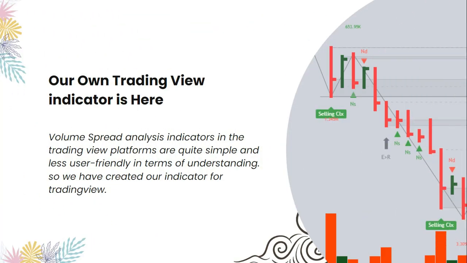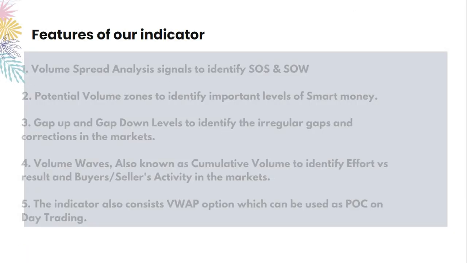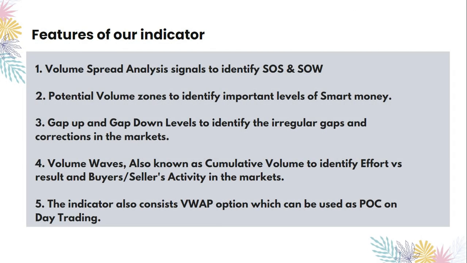Now when we think about indicators, obviously the features matter the most, and that's the reason we have included some of the most amazing features which can be used for both day trading as well as swing trading. The first feature is the Volume Spread Analysis signals to identify signals of strength and signals of weakness. The second is the potential volume zones to identify important levels of smart money.